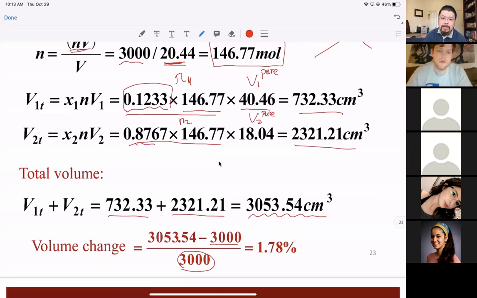So that is the calculation we need to perform for this specific example. The bottom line is we need to realize that M is x1 M1 partial plus x2 M2 partial, or total number of mole of M is N1 M1 partial plus N2 M2 partial. Okay, use one of them to finish the calculation.